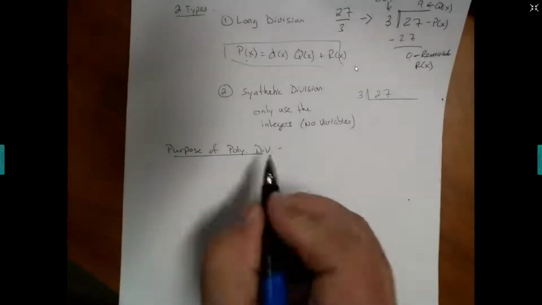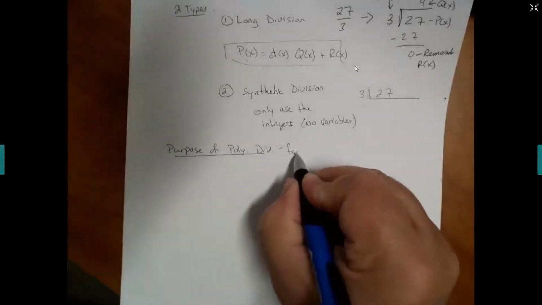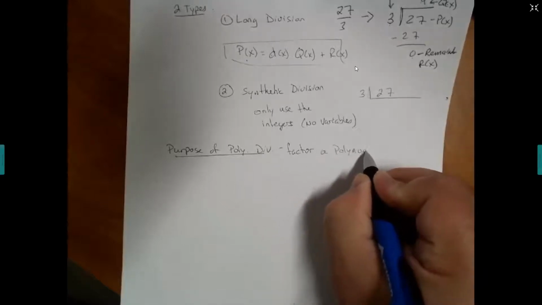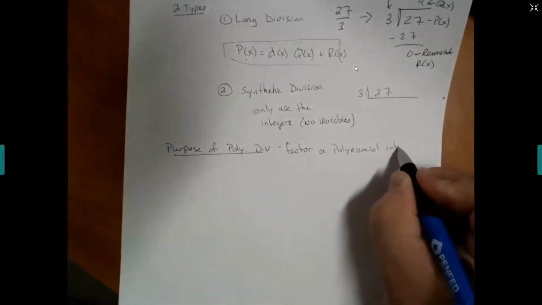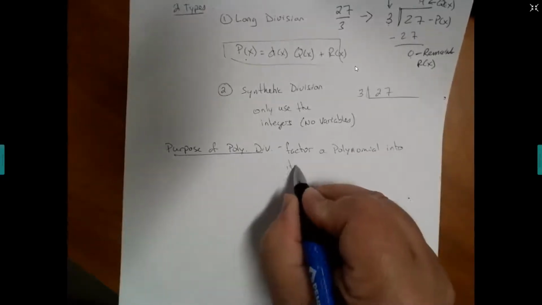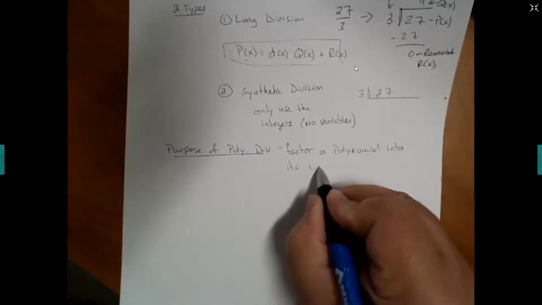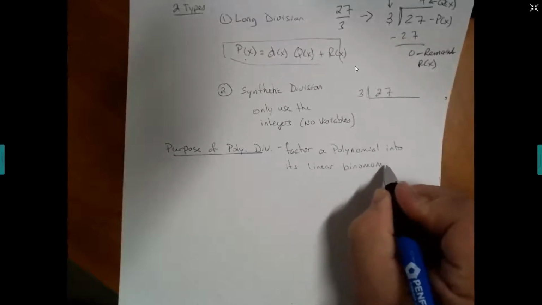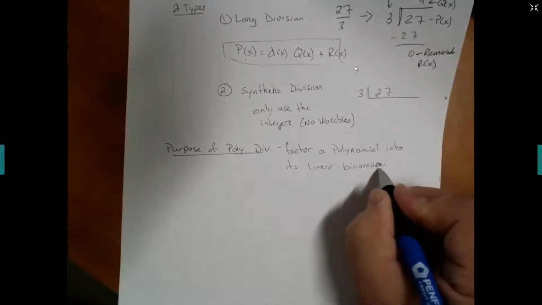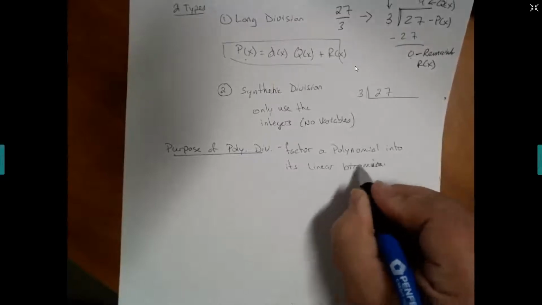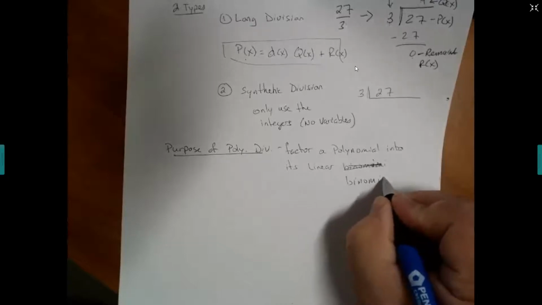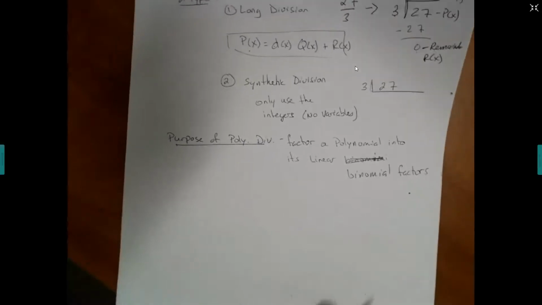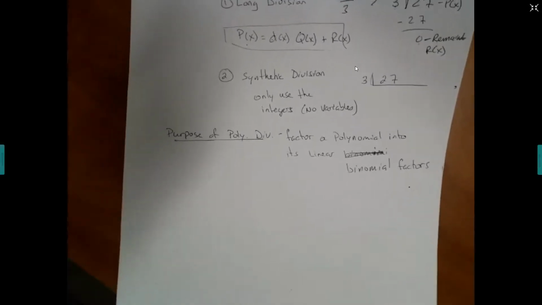The purpose of polynomial division is to factor a polynomial into its linear binomial factors. In other words, it takes a big number and makes it down to smaller ones.